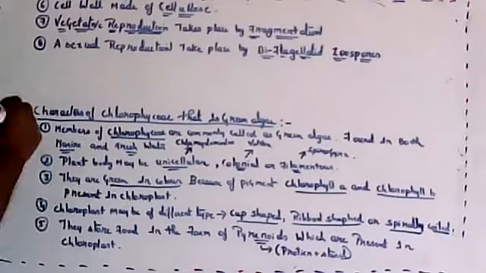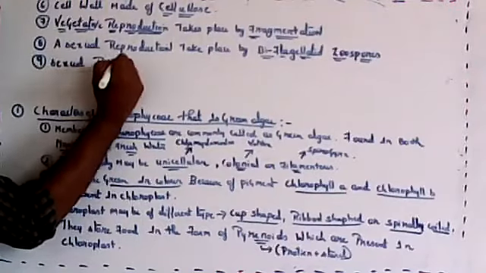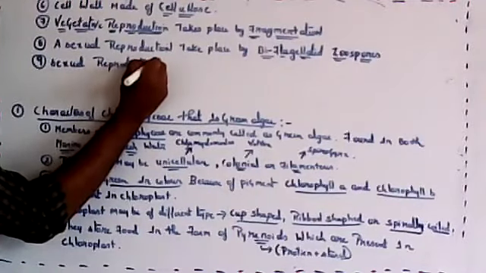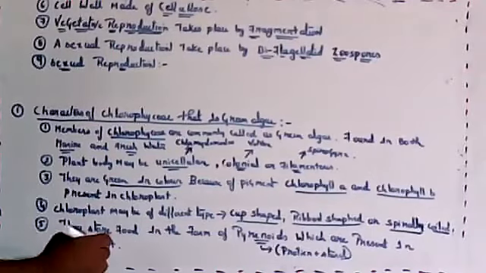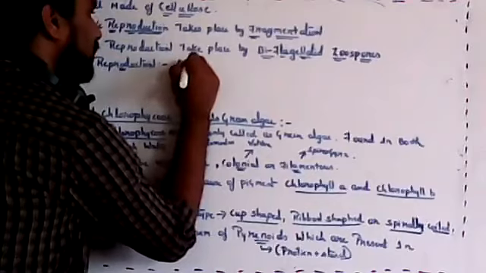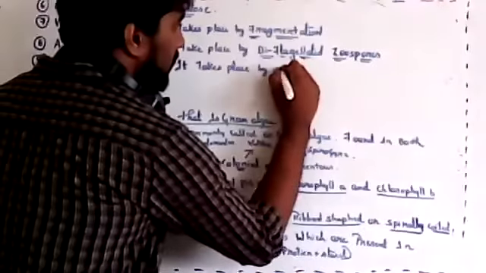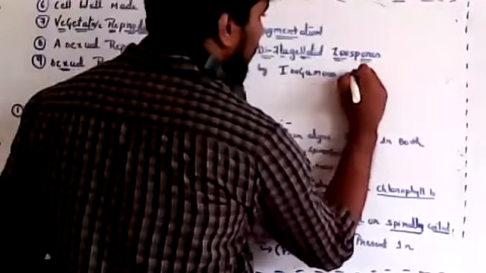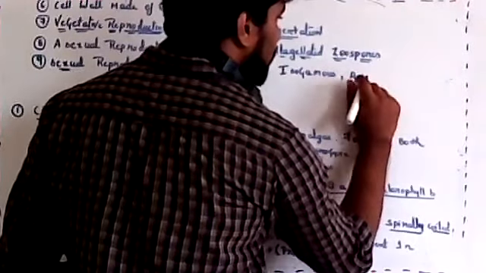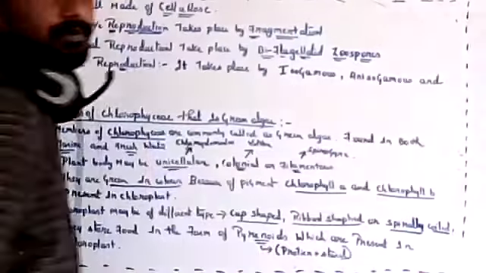Sexual reproduction has three types. Sexual reproduction takes place by isogamy, or isogamous, anisogamous, and the last one is oogamous.